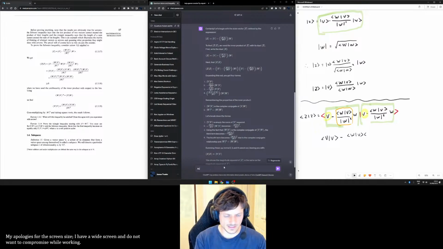Actually, can you be a bit clearer in your expansion? I can absolutely understand that we're working out the inner product. So we want to multiply the components together.